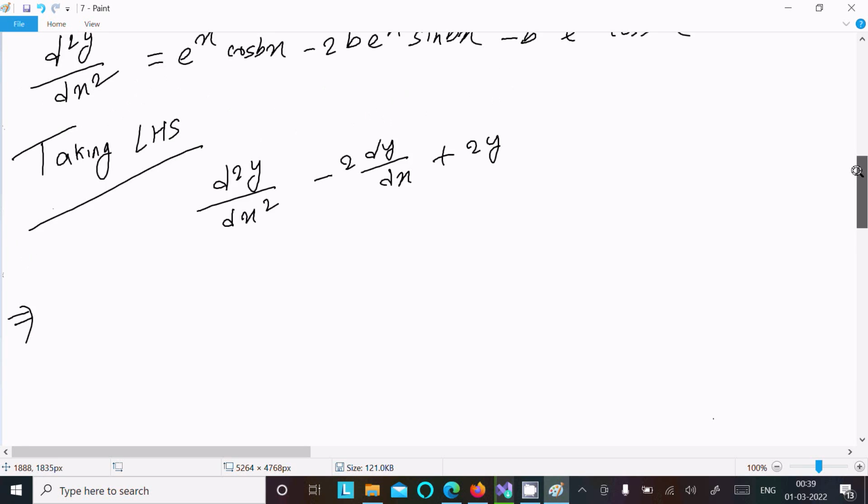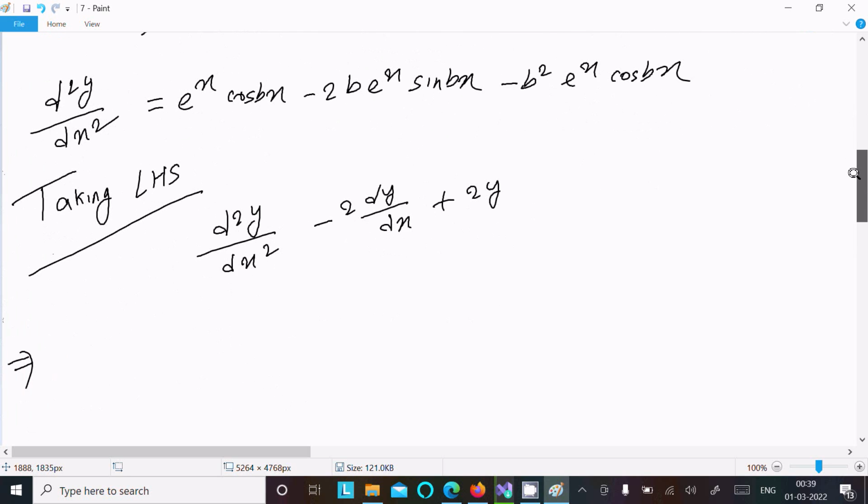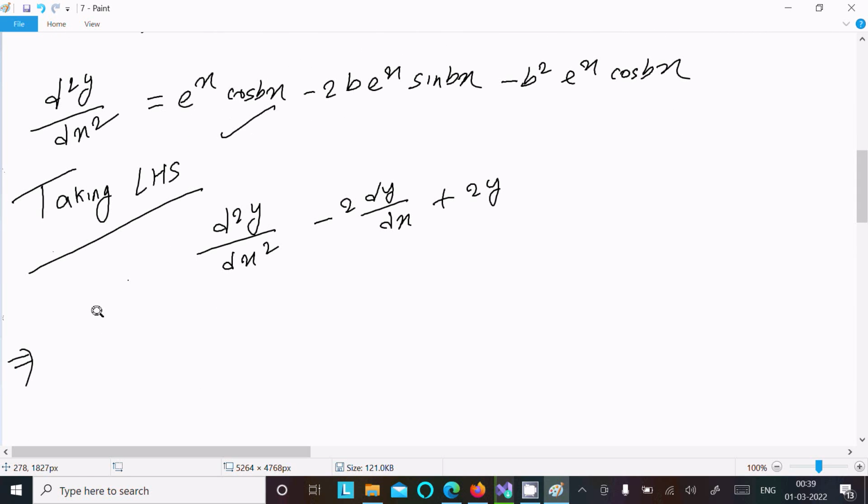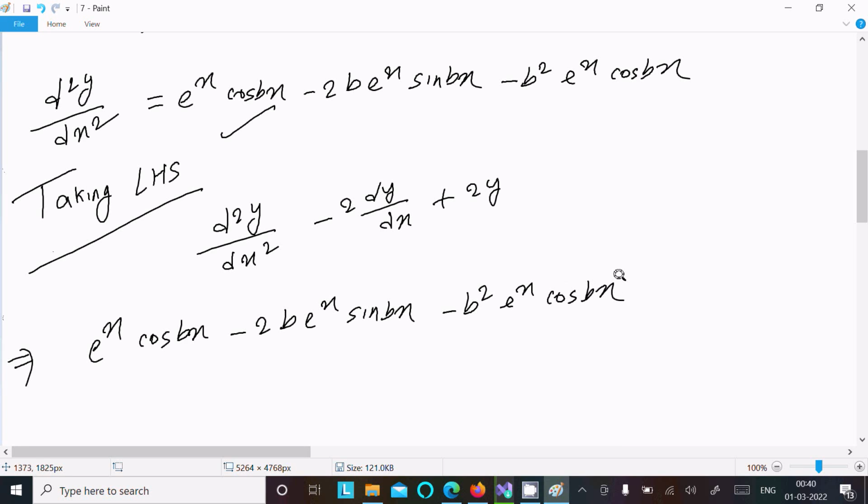So writing d²y, this value: e power x cos bx, minus 2 b e power x sin bx, and b² e power x cos bx, and then after here minus 2.